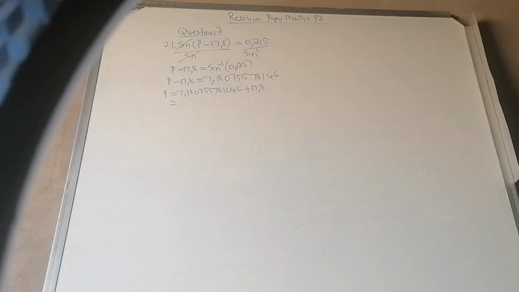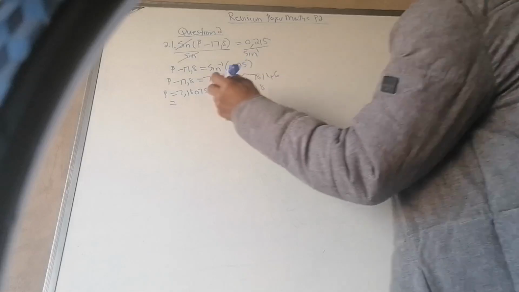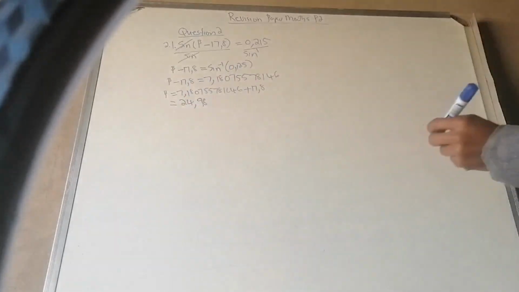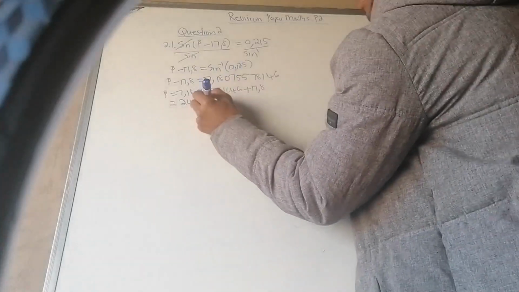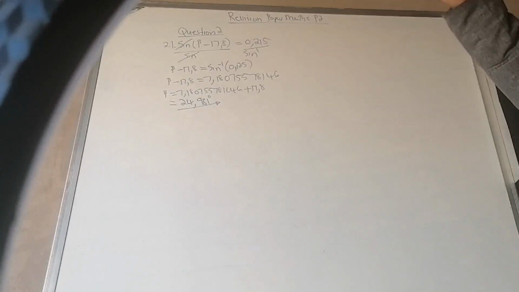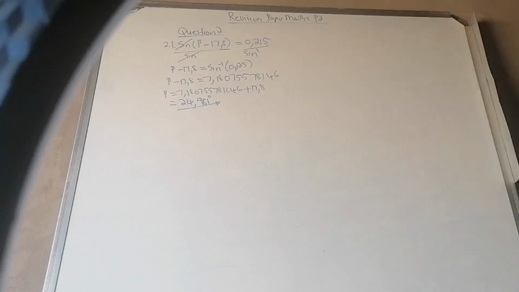You find that value, and then when you are done, you say 17.8 plus the answer. You find 24.98, we can say 25 degrees. That should be the size of the angle beta, and it's an acute angle because it is less than 90. That's one possibility of that.